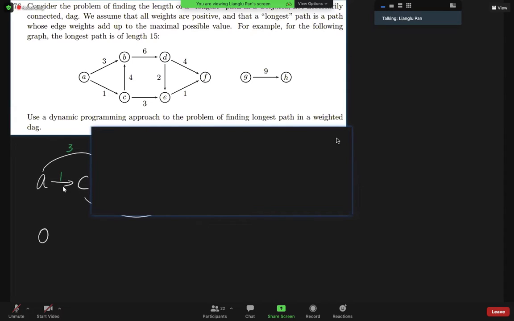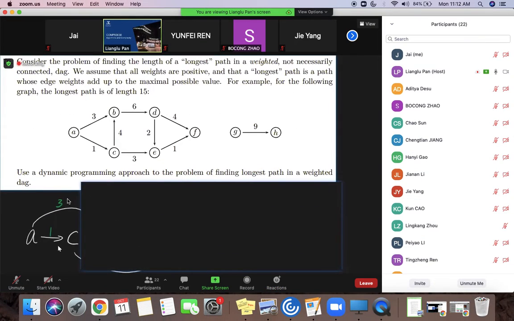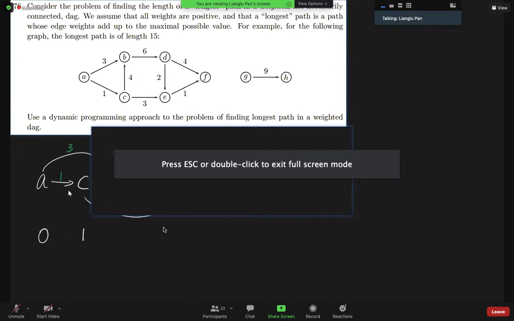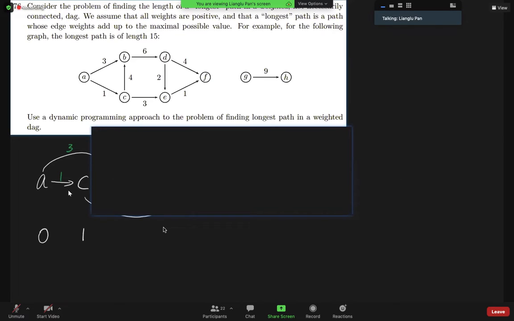There's only one incoming edge, from A to C. So it tells us that if we have a path ending at node C, then it must be coming from node A. And if it's coming from node A, the total length would be the longest path ending at node A plus the weight of the path from A to C. Right, so we have 0 plus 1, telling us that if we have a path ending at node C, then the total length would be 1.